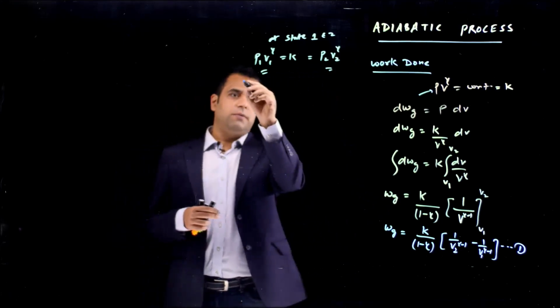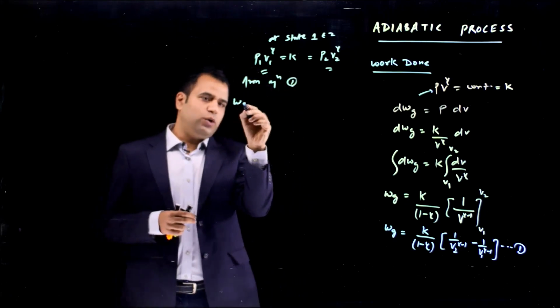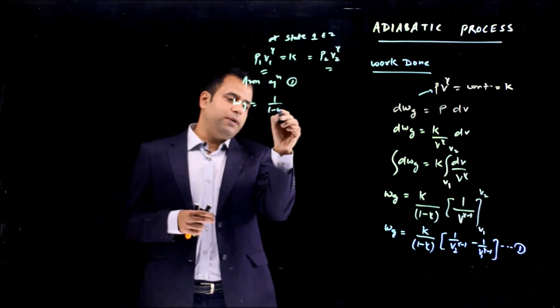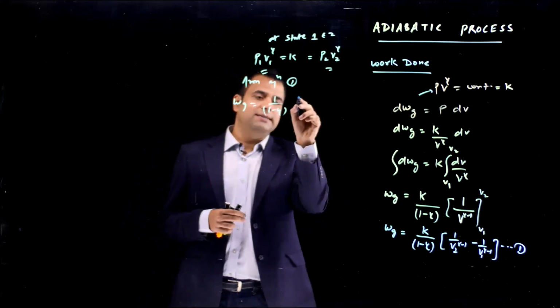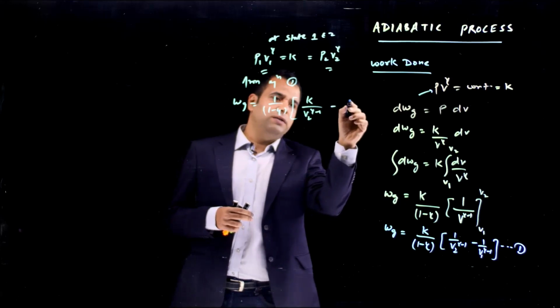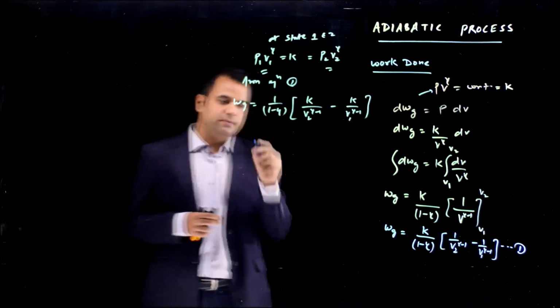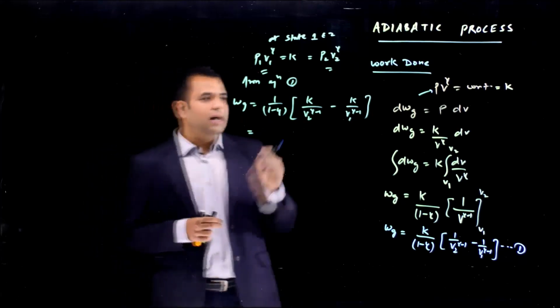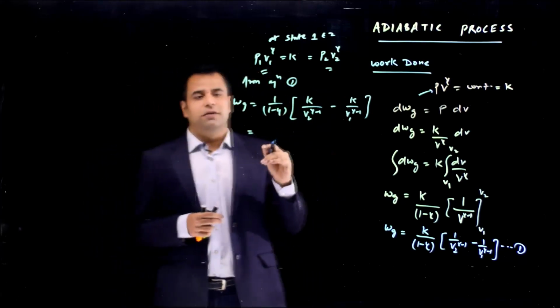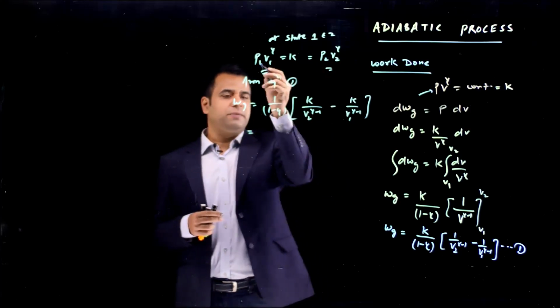So from equation 1, what I'm doing, this work done will be equal to 1 upon 1 minus gamma, and I'm multiplying this K inside. So it will be K upon V2 to the power gamma minus 1, minus K upon V1 to the power gamma minus 1. So now I'll replace the value of K. This K I'll replace by this value, and this K I'll replace by this value.